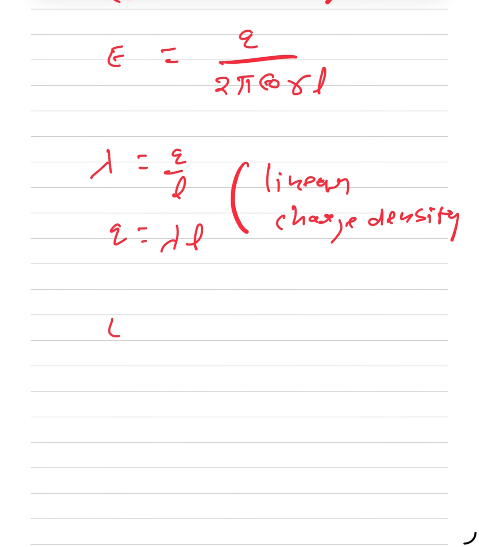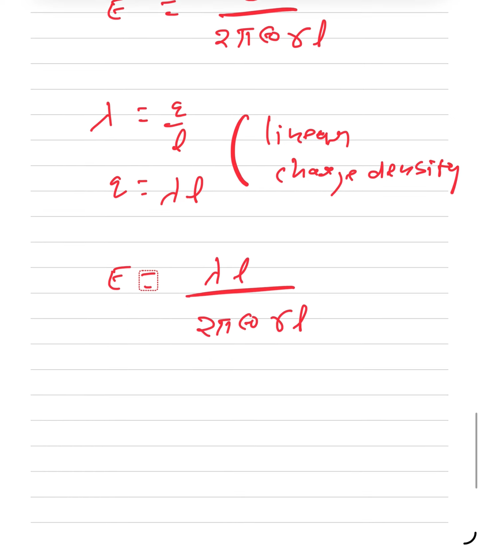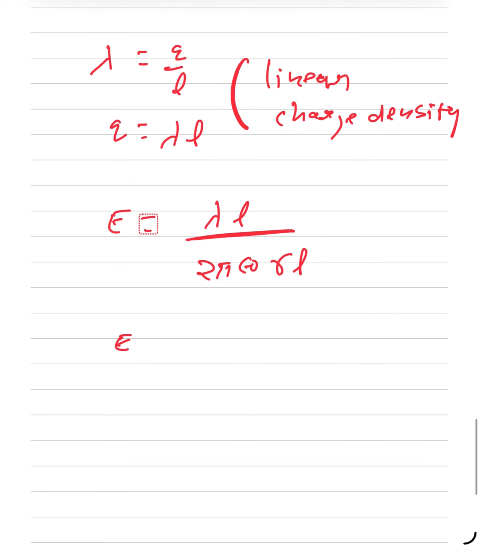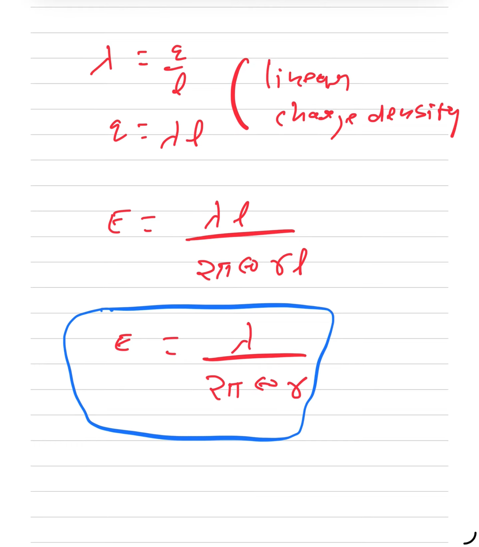Using this, electric field E equals lambda times L divided by 2 pi epsilon naught r L. L cancels out from numerator and denominator, so the electric field E equals lambda divided by 2 pi epsilon naught r. This is the formula of the electric field due to an infinite charge rod, right.